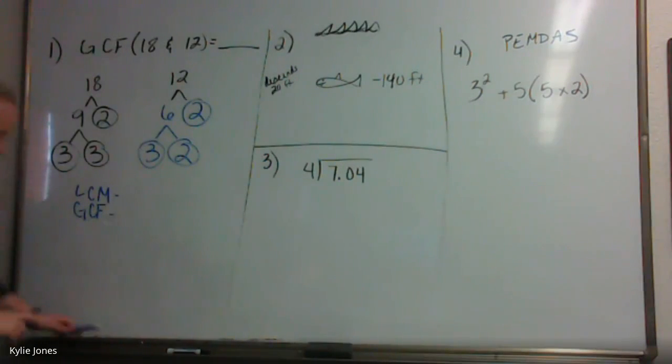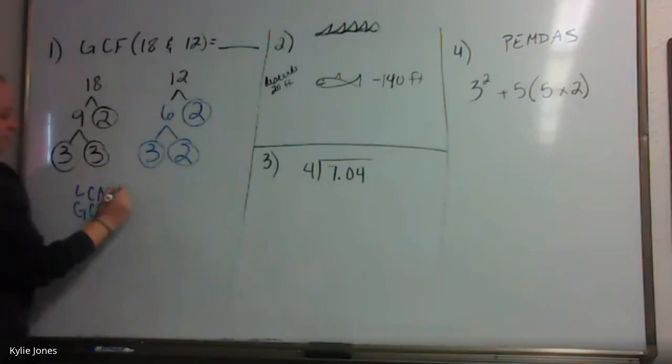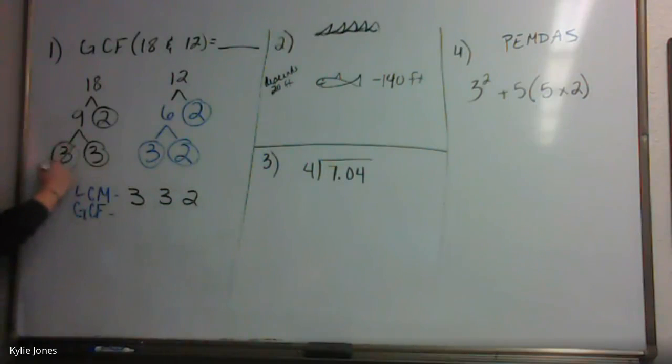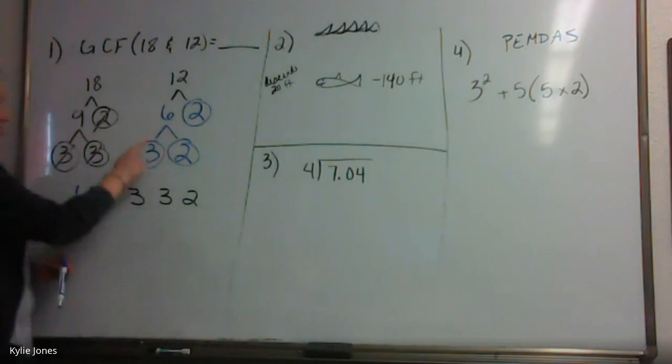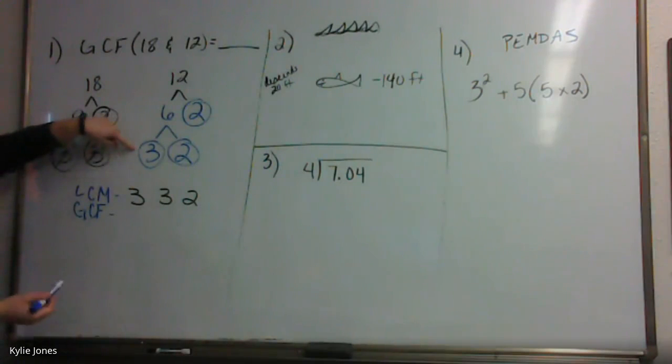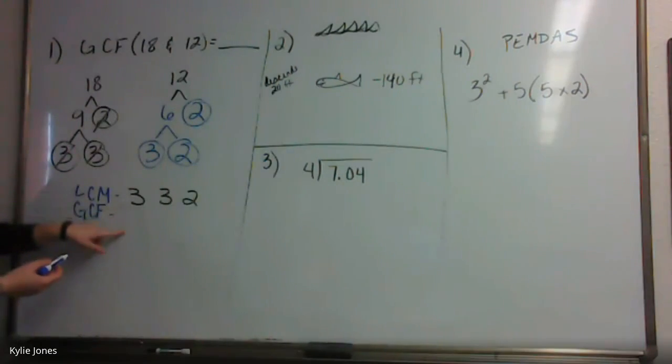Okay. So let's start with our 9. Or sorry, our 18. Remember, we just list out the numbers. 3, 3, and 2. We use those. And then we need to do the matchy-matchy stuff. Is there a 3 that I can match for the GCF? Can I match a 3 along here? Yes, you can.